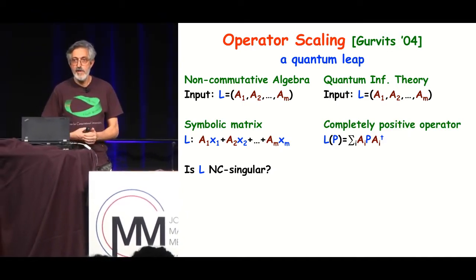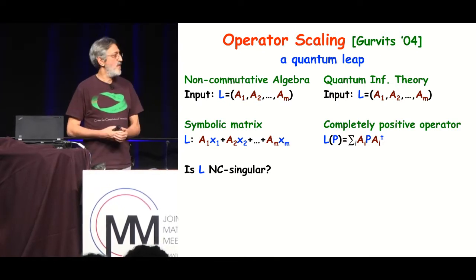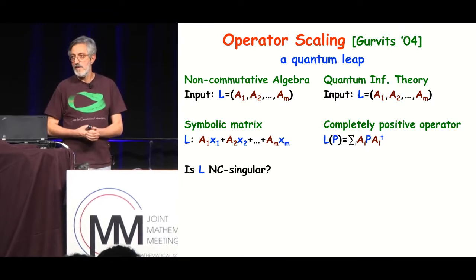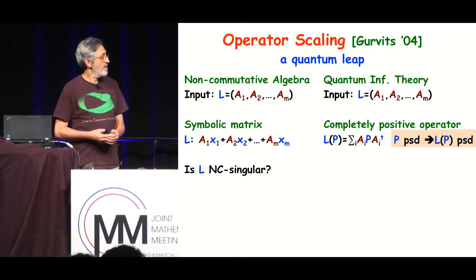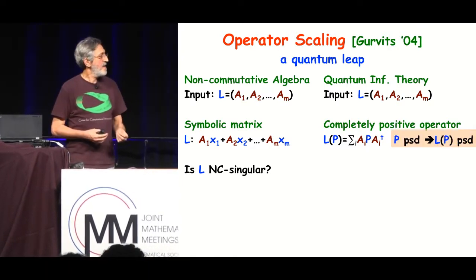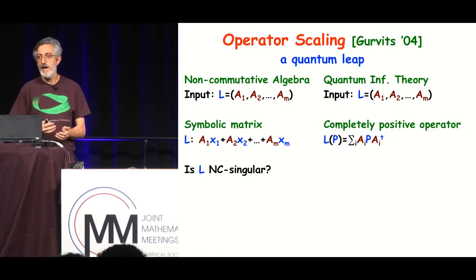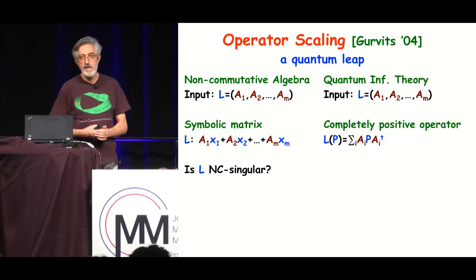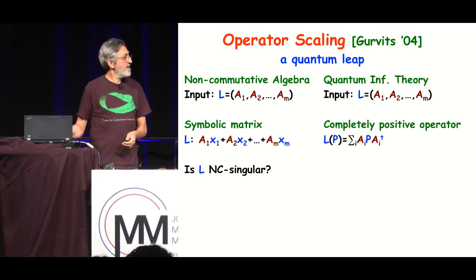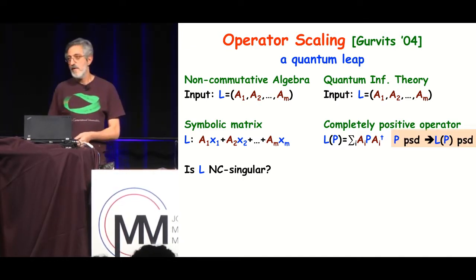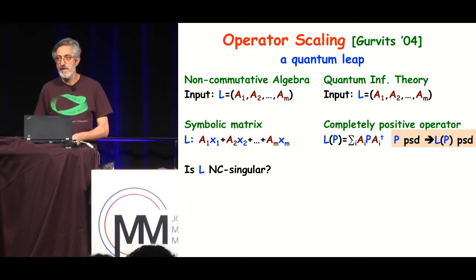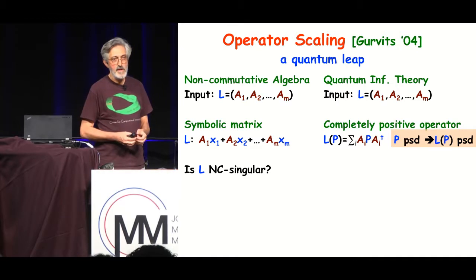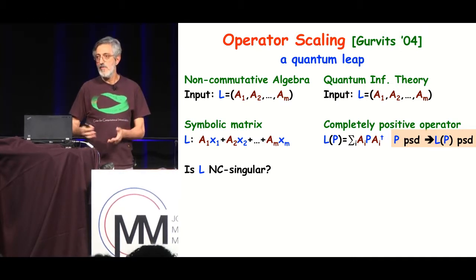A completely positive operator is a notion from quantum information theory. It is a map that takes matrices to matrices in this way. So it takes a matrix P into the sum of A_i P A_i transpose, given these A_i's. It's called completely positive because it takes positive matrices to positive matrices, and the way you should think about it if you are in quantum information theory is that it takes a quantum state to a quantum state.